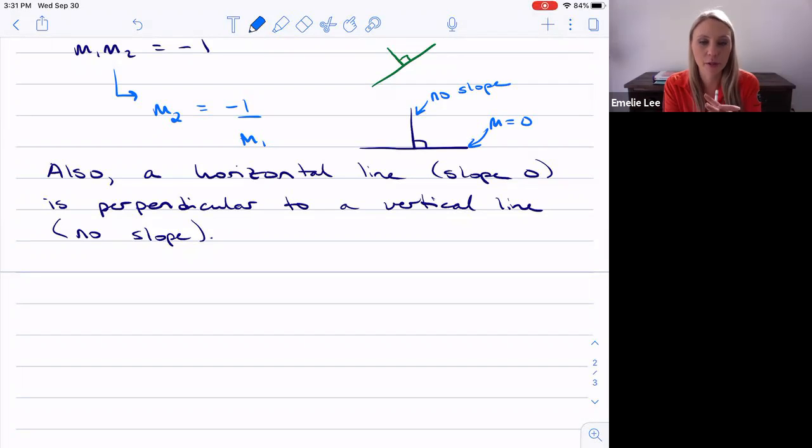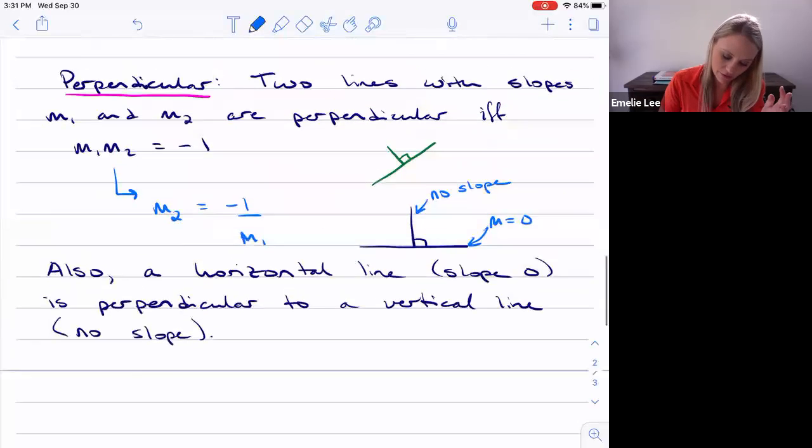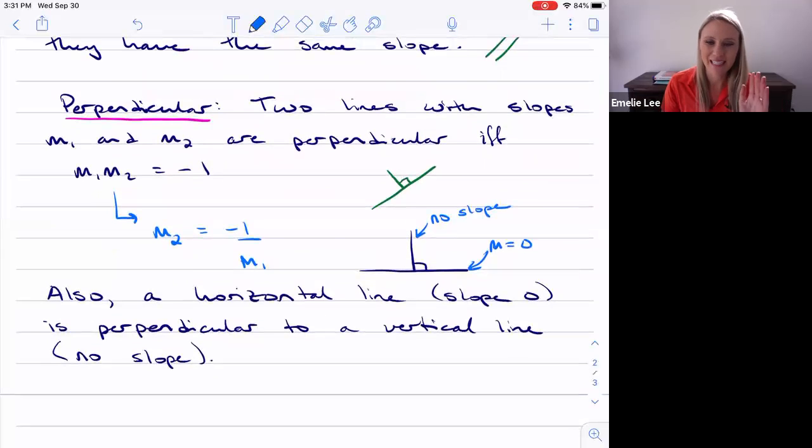Yeah, so if they're perpendicular, by definition, m1 times m2 equals -1, right? And that will be at some point, but we don't have to specify the point.